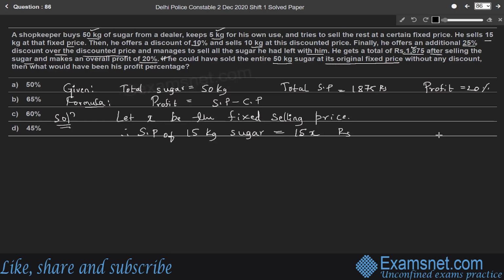And he offers 10% discount, right? So after discount price, selling price after 10% discount is equal to X minus 10% of X, which is equal to 9X by 10. So consider this as equation 1. Selling price after 10% discount is 9X by 10. So here 10 kg sugar sells at discounted price, right?